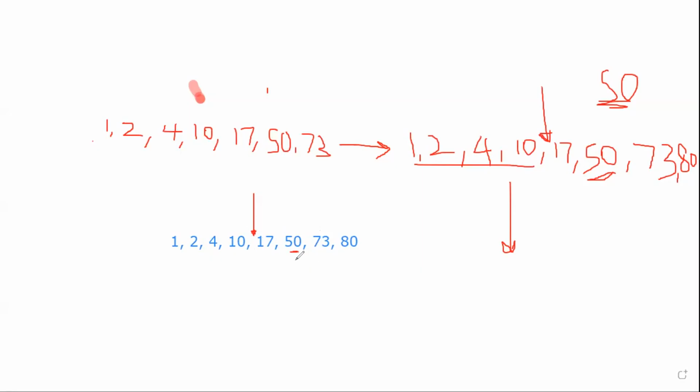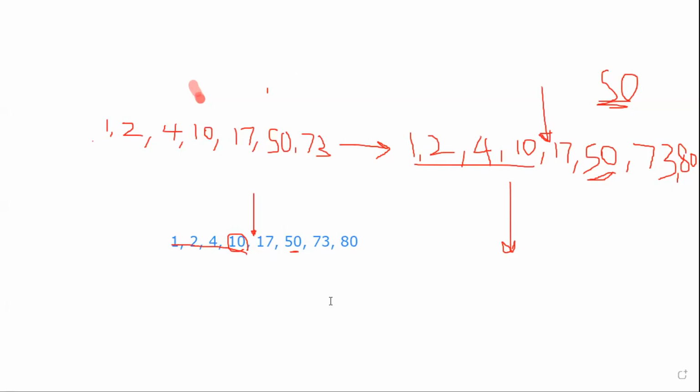We check the maximum number on the left-hand side, it's 10. When you compare 10 and 50, 50 is greater than it. That means 50 cannot be found this way. Then we split this array and focus on the right side.